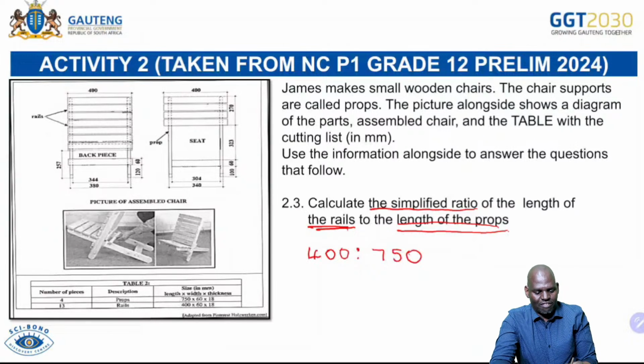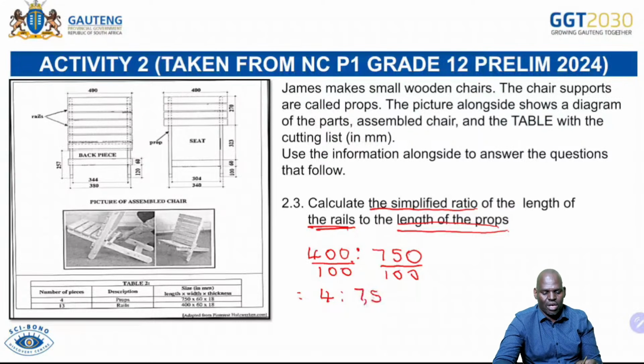We can divide by 100. If we divide by 100, then 400 divided by 100 is 4, and 750 divided by 100, we get 7,5.